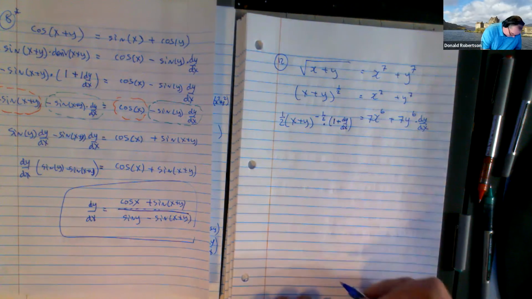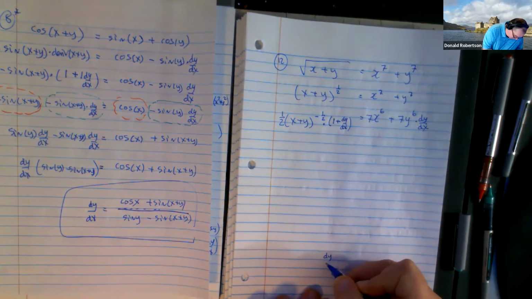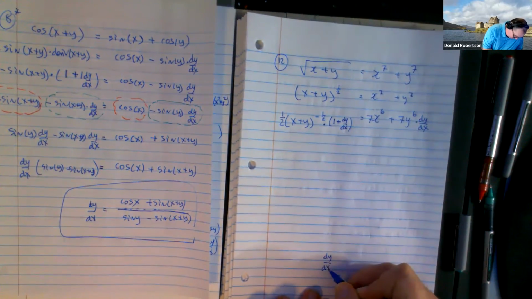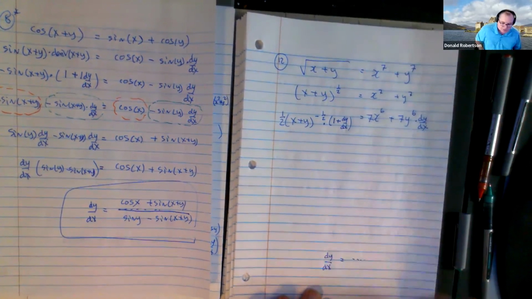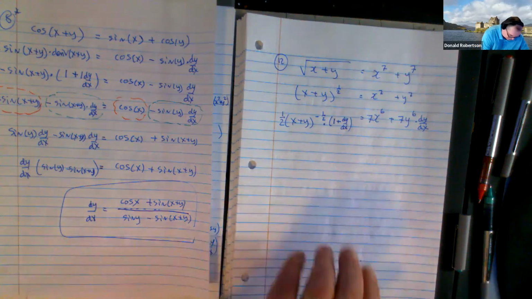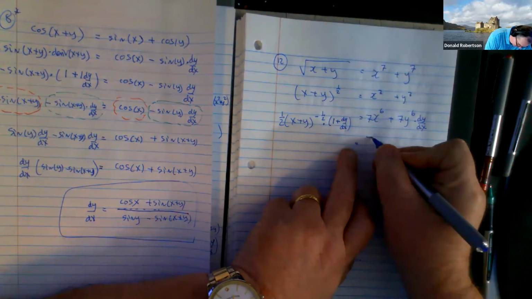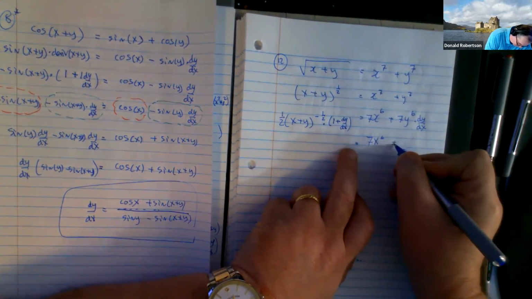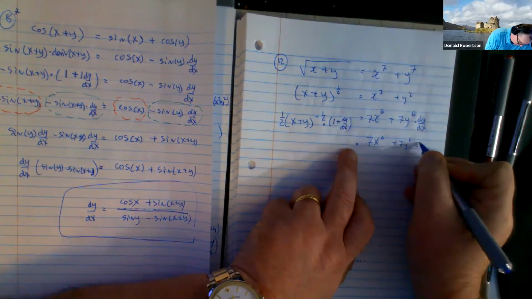What we haven't done yet, because there's a lot of work and some of it is kind of different, is we haven't got anywhere near isolating the dy by dx. There's a lot of stuff going on here before I would even think about that being an issue. And it's all algebra. It's all style points. I kind of like the right-hand side, so I'm not going to do anything really to the right-hand side.